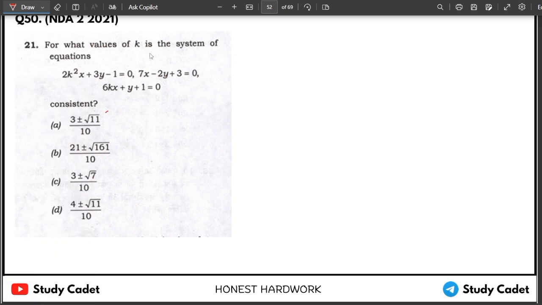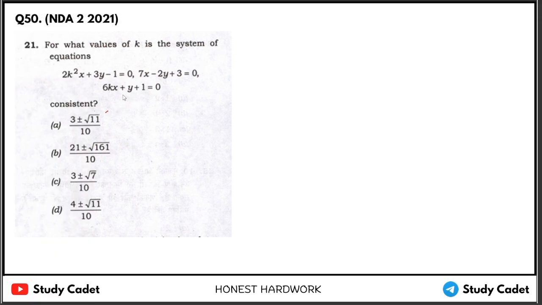For what value of k is the system of equations consistent? Okay, so we need to find its determinant: 2, k square, 3, minus 1, 7, minus 2, 3, 6k, 1 and 1. It will be 0 because it is consistent.